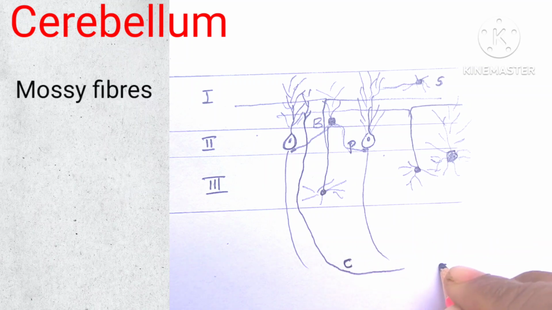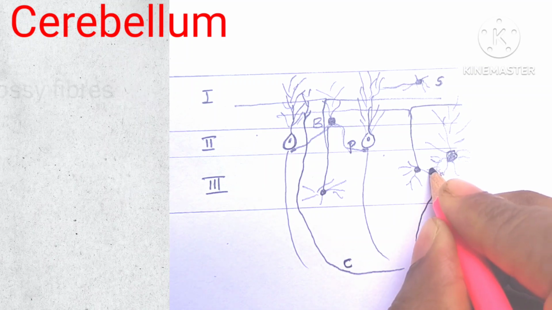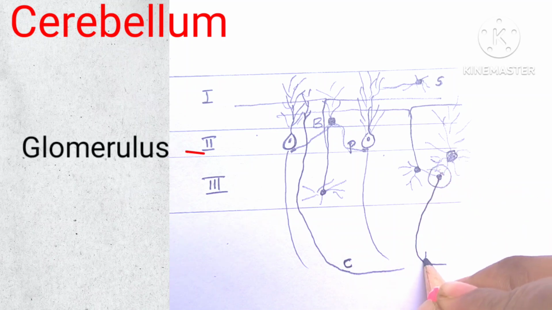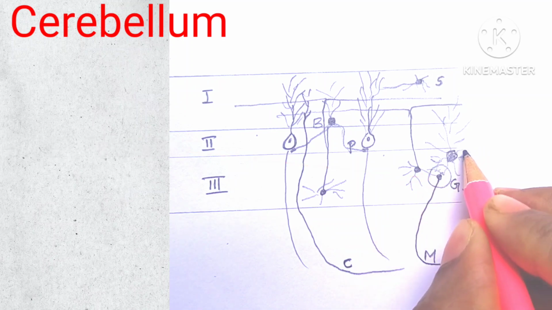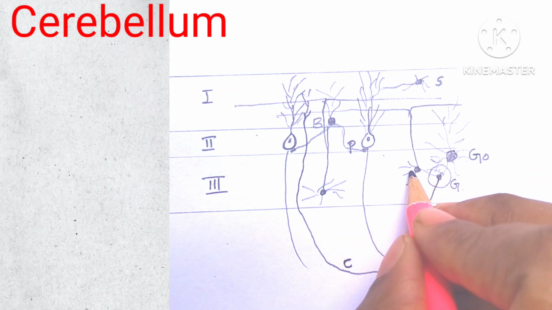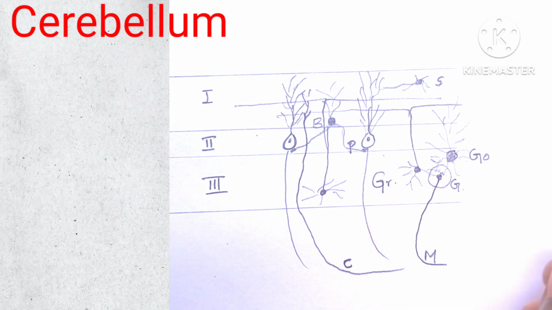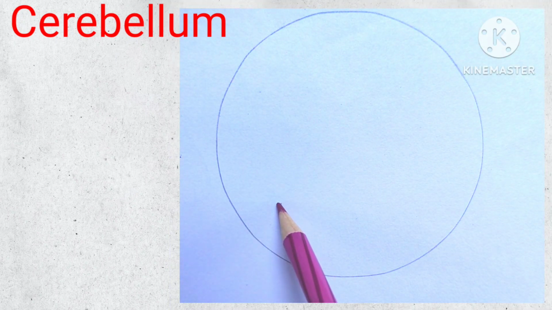There are two afferent fibers we should know. One is the climbing fibers, another is the mossy fibers. The climbing fibers are the fibers from the olivocerebellar complex, inferior olivary complex. They'll ascend towards the molecular layer and make synapse with all the layer cells there. The mossy fibers consist of all the fibers other than the inferior olivary nuclear complex.